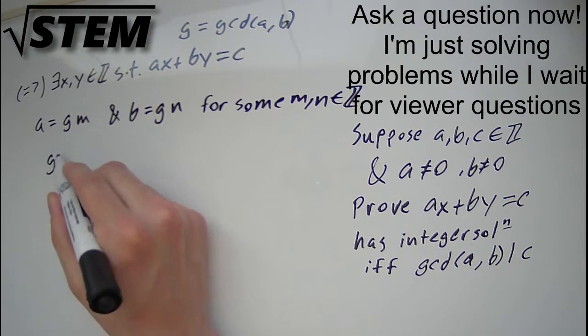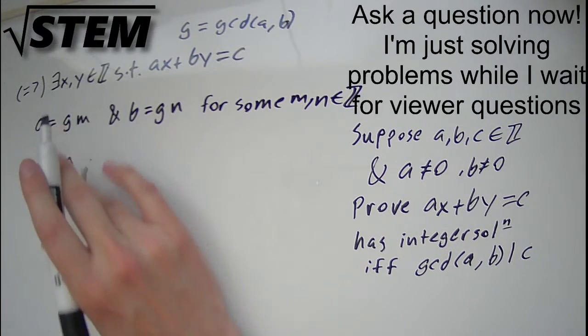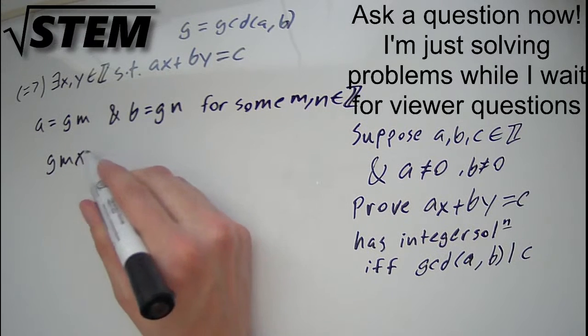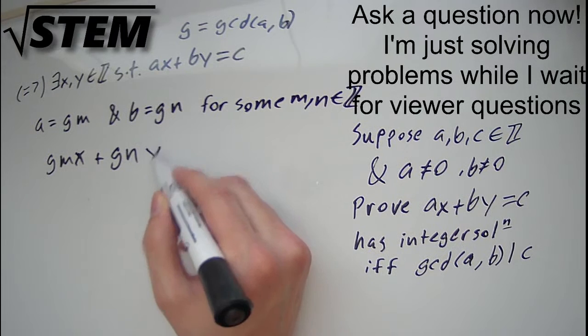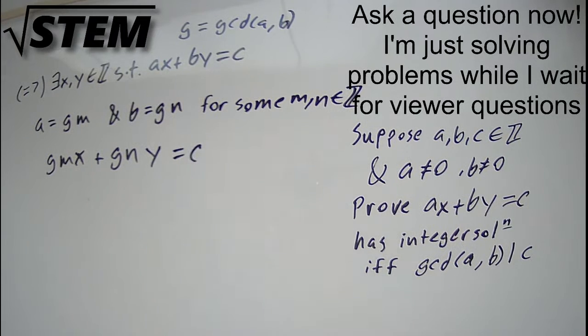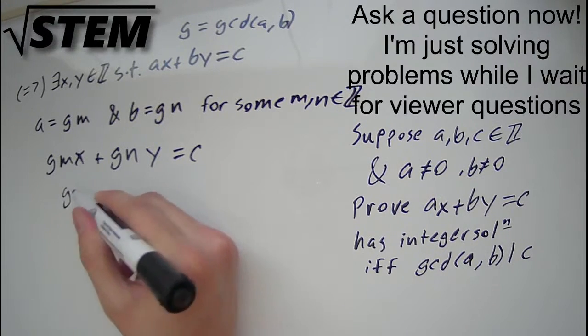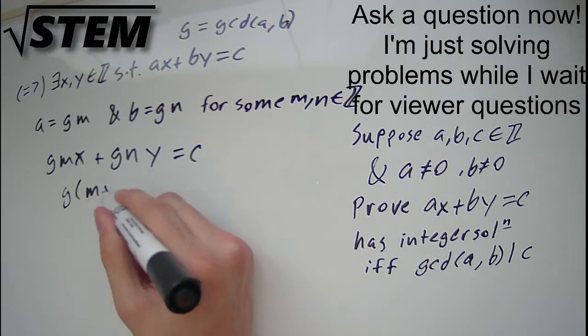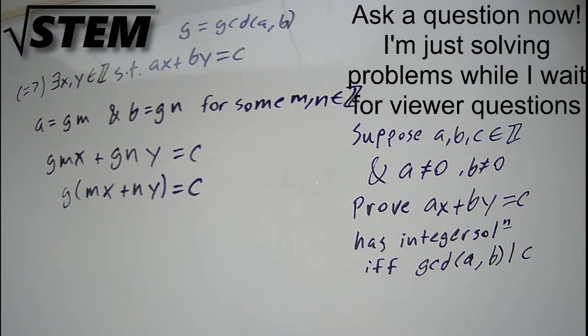We have G times M times X plus G times N times Y equal to C. So now let's factor out G. So we have G times this quantity being equal to C.